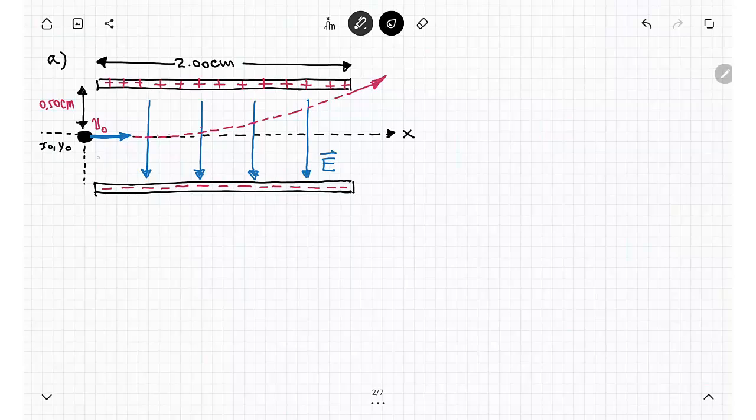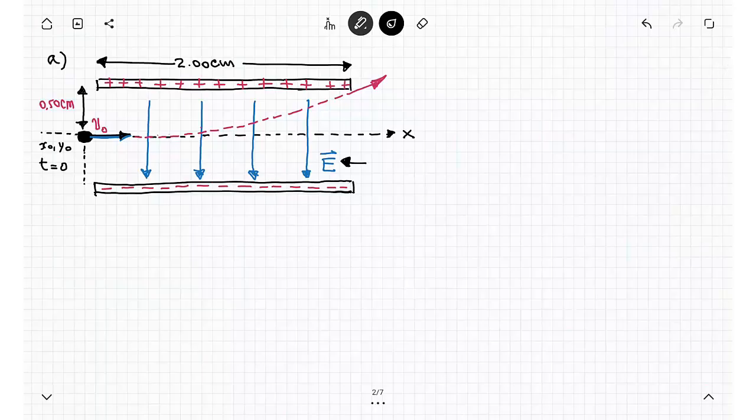As we can see here, the electron enters the region horizontally with initial speed v0. At t equals 0, the electron is at the origin of coordinates x0, y0, and also we can see right here that the electric field is pointing downwards in between the plates.